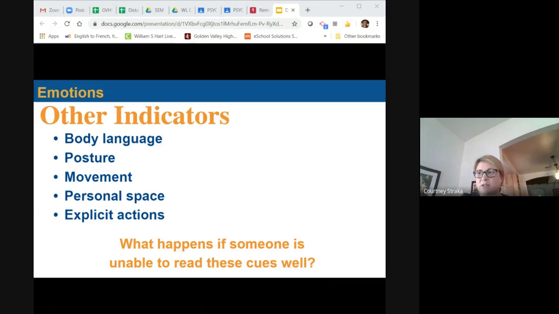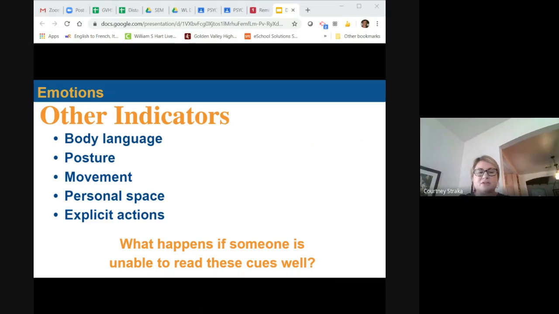If you said something to me and I turn around and I walk out and I slam the door behind me, that explicit action is expressing what emotion? Anger. Yep, absolutely. So we can use actions to help us express certain things.